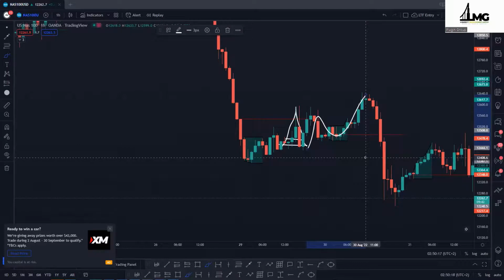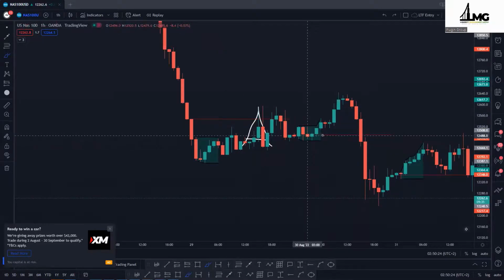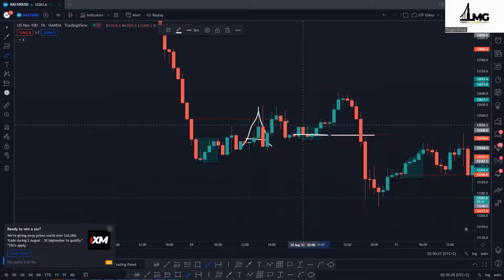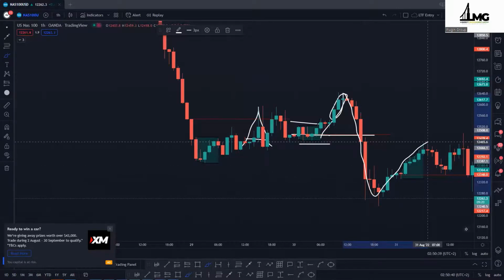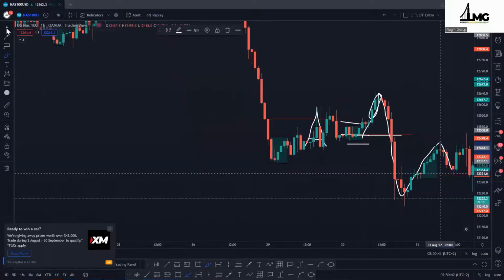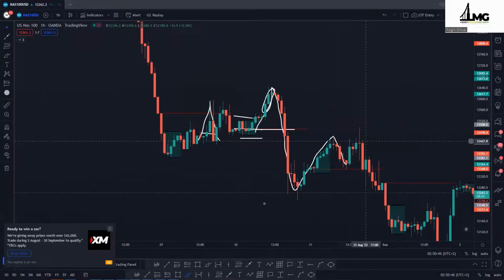And then the previous day we had a similar setup where price opens up at this point, and then we get Asian range, price manipulates here. What happens from there? Price pushes to the downside. We had an OTE in the next day, and then we see price continue with the trend to the downside.